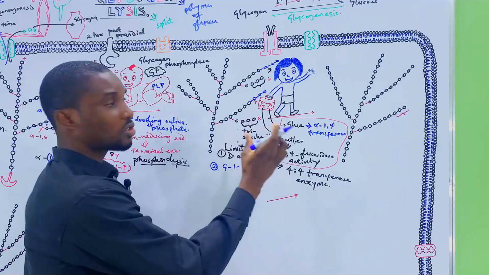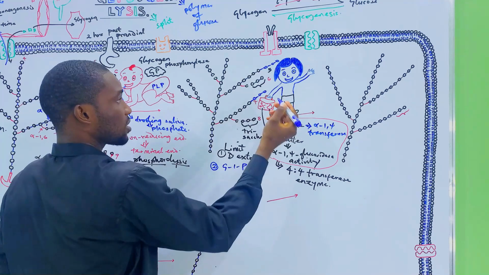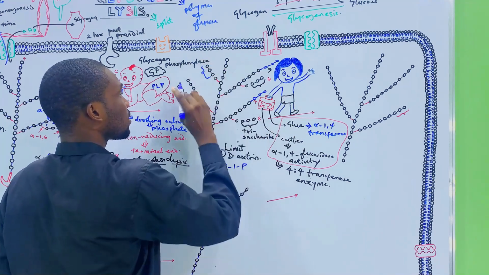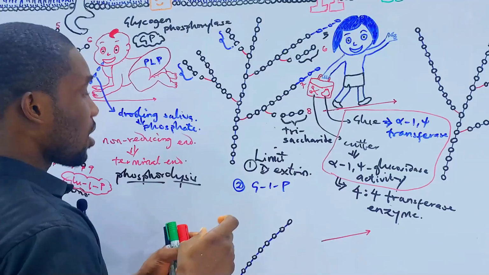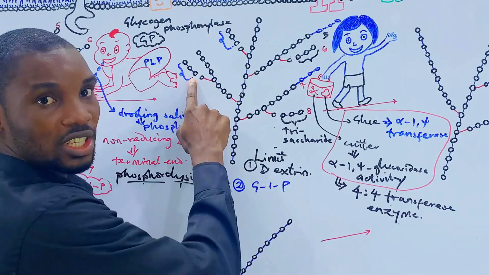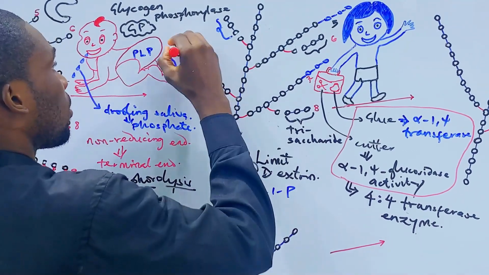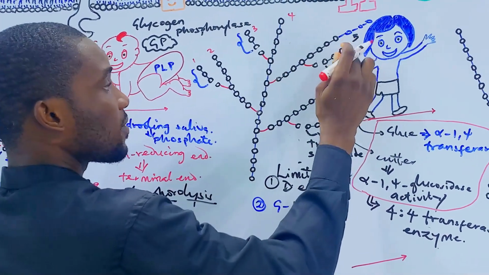So let me quickly illustrate what mother does, right? I just described it earlier. These are the other trisaccharides, and then this over here. Mother would transfer this trisaccharide onto this chain. So let's say this is chain 1, 2, 3, 4, 5, 6, 7, 8.